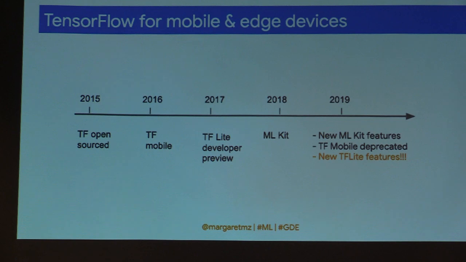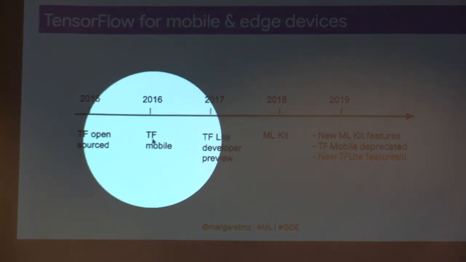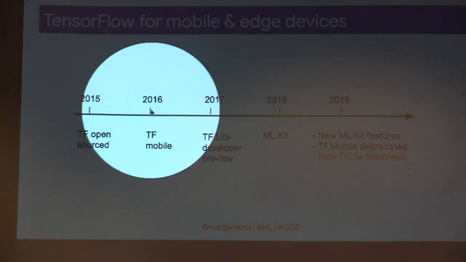Here is a brief history of TensorFlow for using models on mobile and edge devices. TensorFlow was open sourced at the end of 2015. Because of the constraints I mentioned earlier, we needed a framework to help you deploy models to your mobile devices and edge devices. TF Mobile was created for that purpose, but it was not so good.